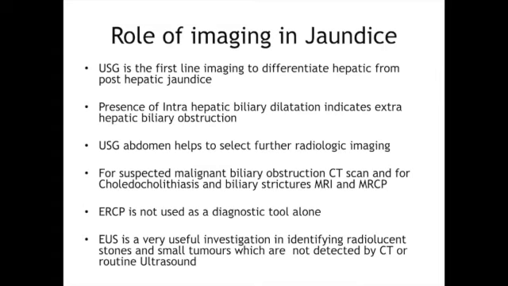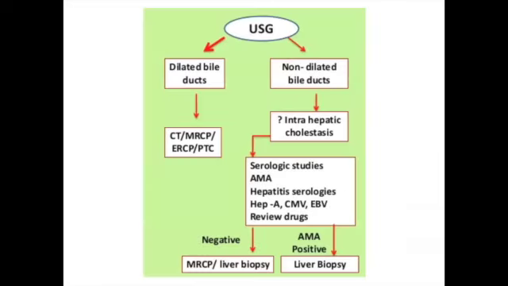The ERCP is not utilized as a diagnostic tool, but if you have a stone disease, you can use ERCP as a therapeutic method. The endoscopic ultrasound is a very useful investigation in identifying very radiolucent stones or small tumors, and it can be used to take biopsy from pancreatic tumors or the lower bile duct tumors.